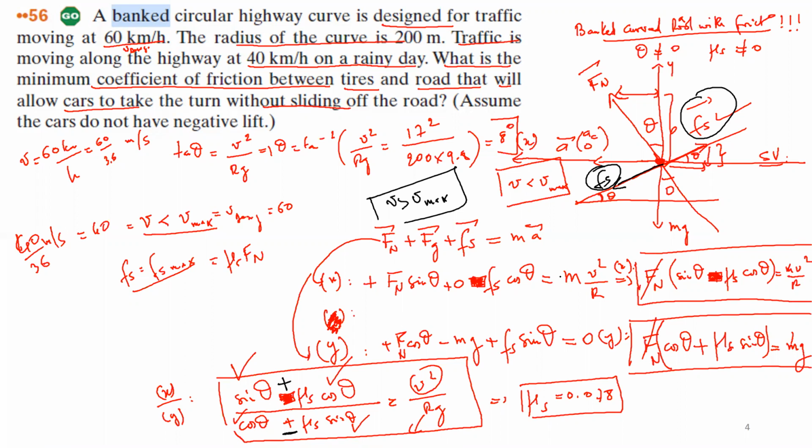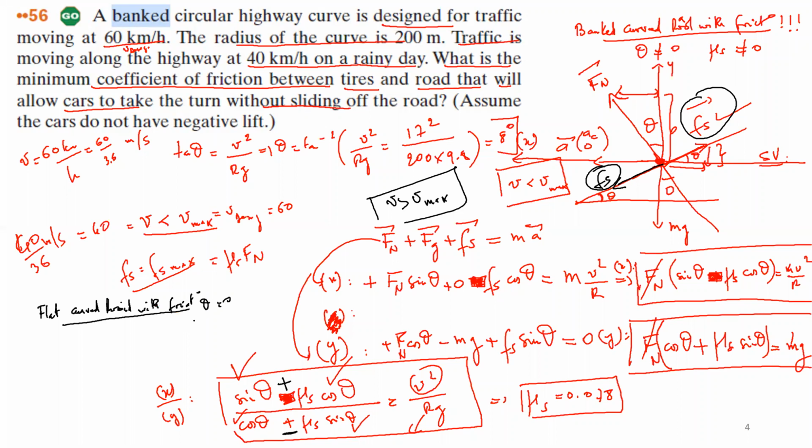Now this is a general case, so that means I should get the two simple cases. What are the two simple cases? The first case was a flat curved road with friction. This is problem number one that we solved. So that means theta is equal to 0.